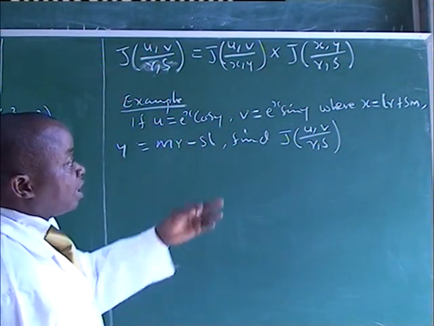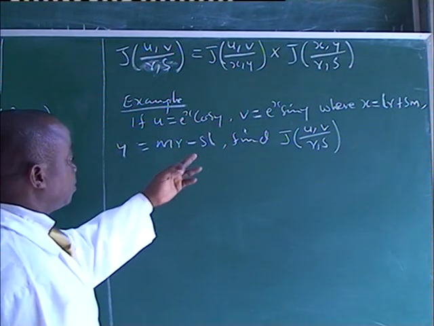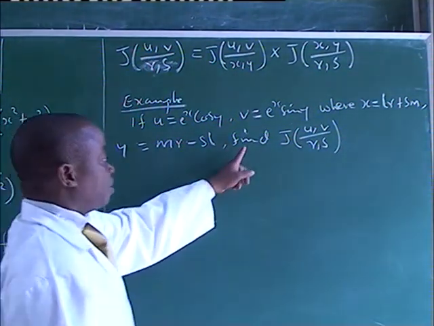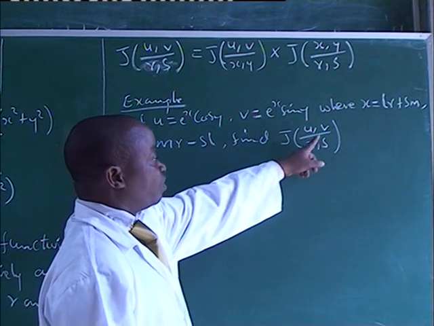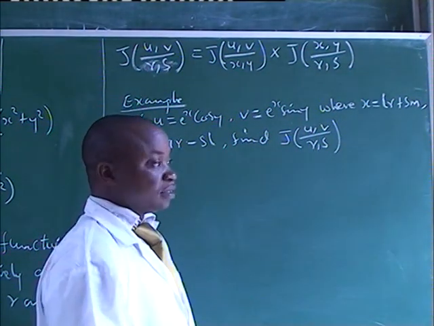Of course, we know that L and M are constants. And find the Jacobian of uv with respect to rs.